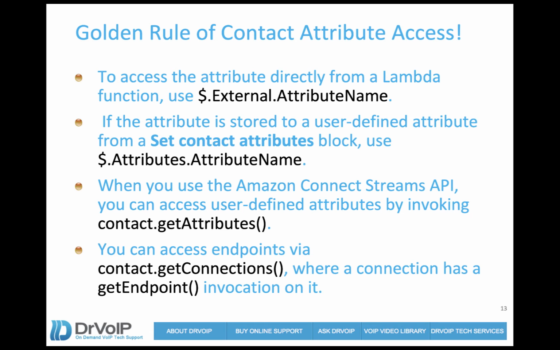You can also do this with streaming APIs and endpoints where you might want to go and get information from those endpoints. I'll tell you right now, 90% of what you're going to be doing as an implementation engineer in the design of an Amazon Connect call center is you're going to be working with either external variables or variables that you create in your contact flow.